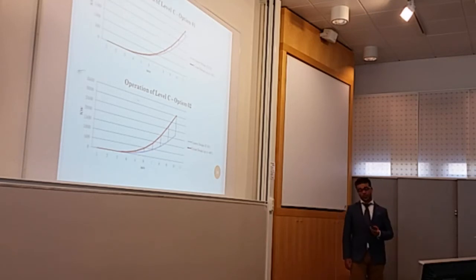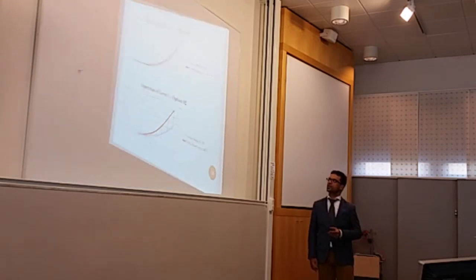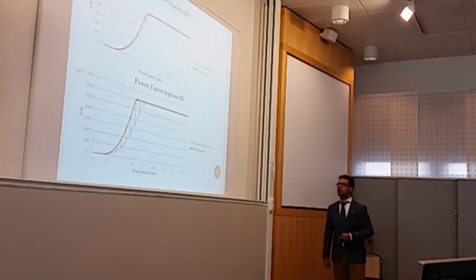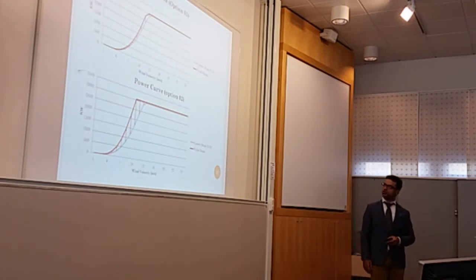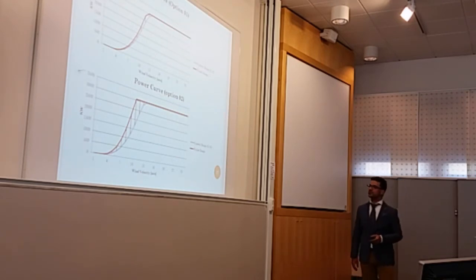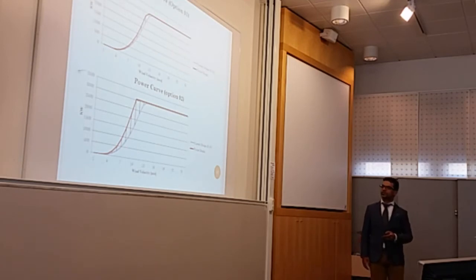But option 2 is so nice because it will provide 46% of the total, up to 64% of the total energy. So this is the one, and we can look at the power curve for all the operation levels. So we see clearly that option 2 provides more electricity in the future.